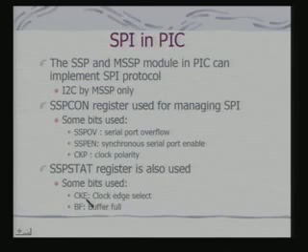Another is CKE, clock edge select, in the SSP stat register, and the buffer full indicator is also there in SSP stat. Obviously, depending on the modality that the slave is expecting, you have to set the CKP and CKE bits for doing any kind of data transfer.